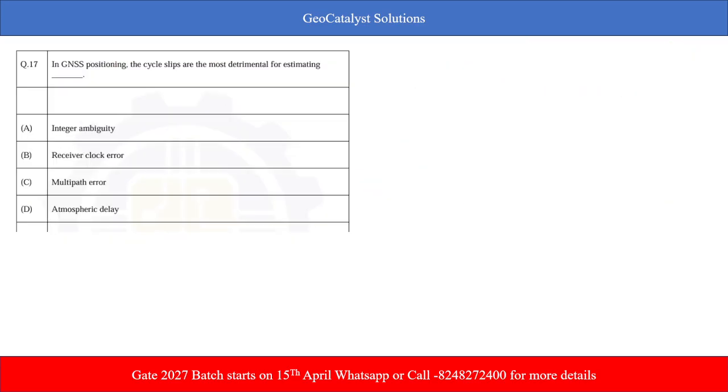Now moving to question 17. Okay, so in GNSS positioning, the cycle slips are the most detrimental for estimating. Okay, so what they are telling, this cycles. Okay, so we have read this. So this is one cycle.